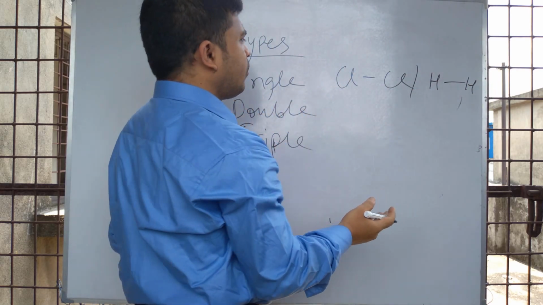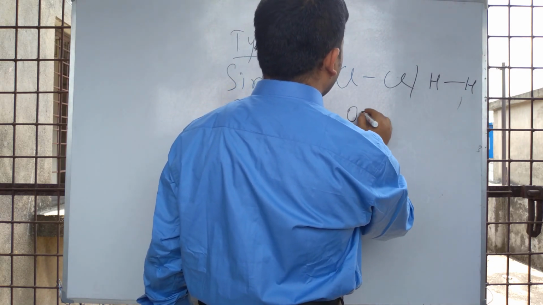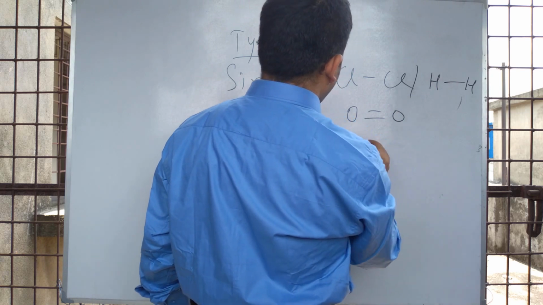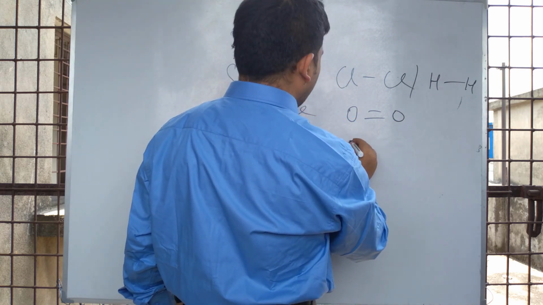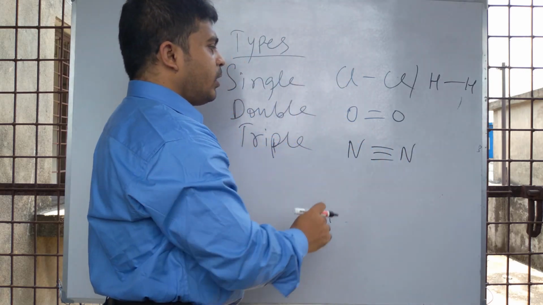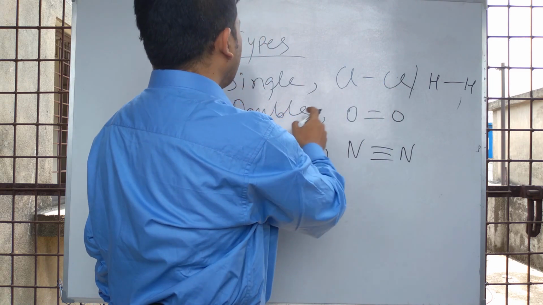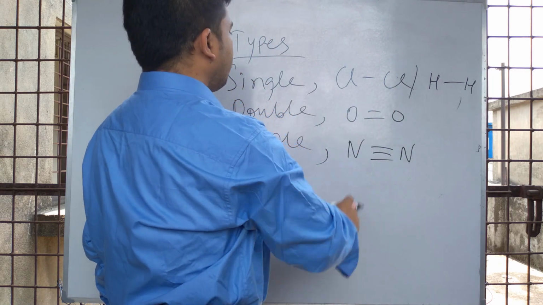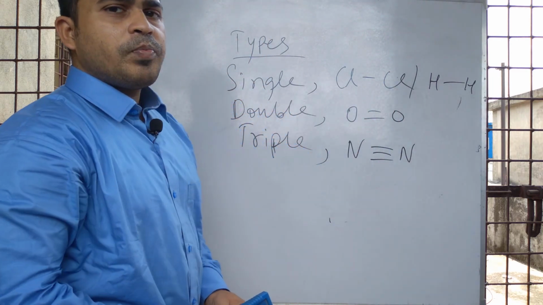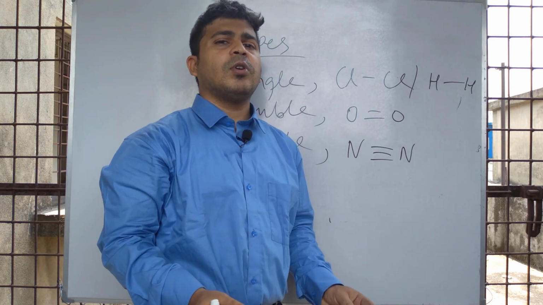For a double covalent bond, the example is O2, and for a triple covalent bond, the example is N2. N2 has a triple covalent bond. So covalent bonds are of three types: one is single, another is double, and the third is triple.